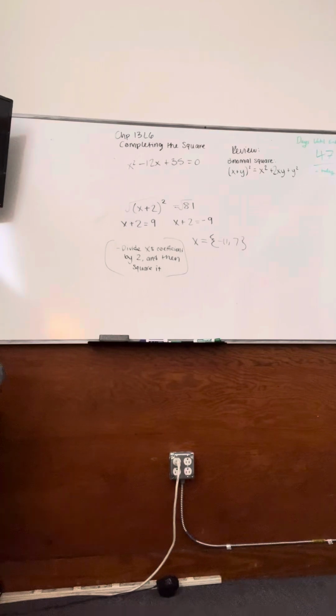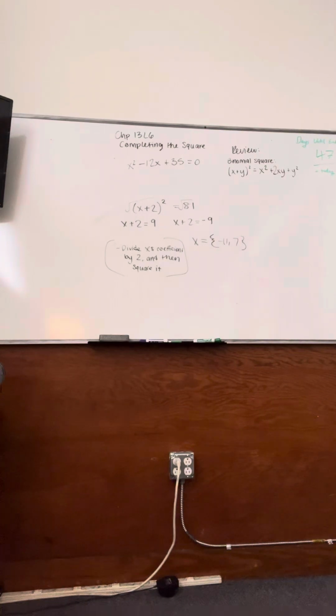Where'd you get 36? Okay, so we need to find this missing term, right? Before we factor it, we have to find the number to complete the square. Instead of putting it all the way against the equal sign, let's leave some room to add a third term. So we're going to rewrite this as x squared minus 12x plus, and then what's this third term? How do we complete the square?